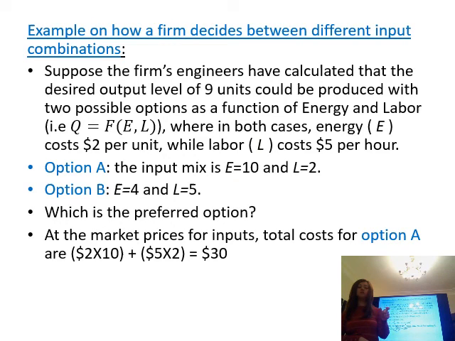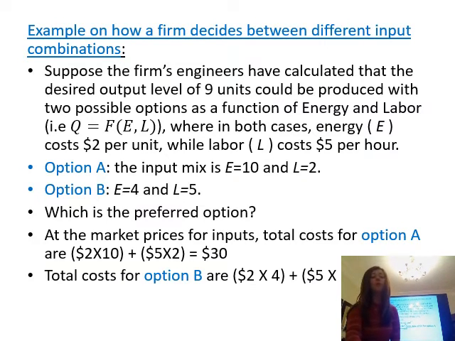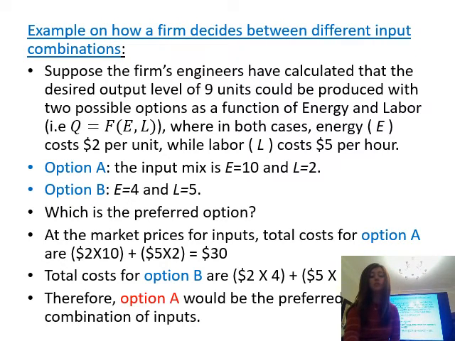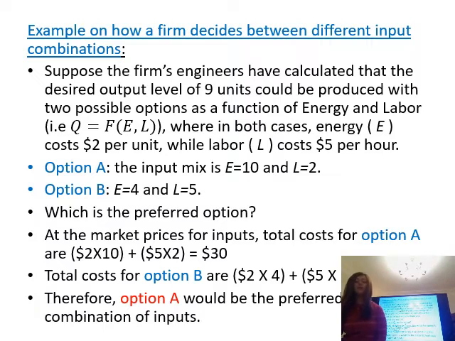The price of labor is 5, the units used are 2, so 5 times 2. This gives a total cost of $30. While option B gives the total cost, you will calculate it using the price of inputs. This implies that option A is the cheaper option. Since the firm seeks to minimize the cost of production, it will choose option A.